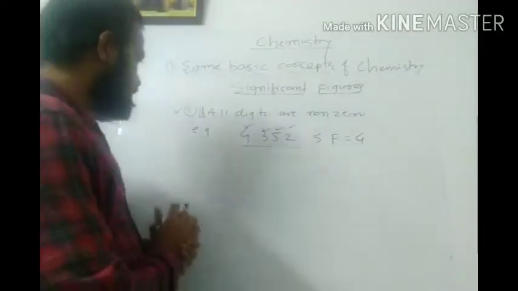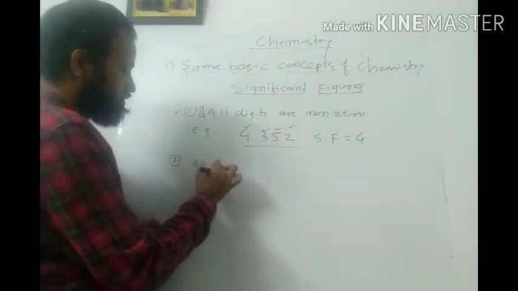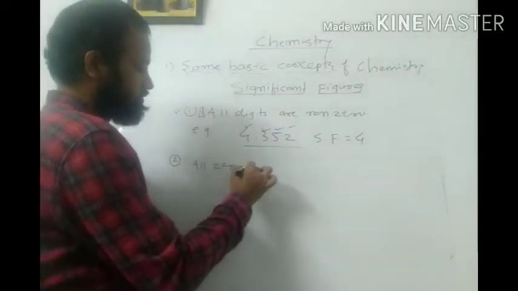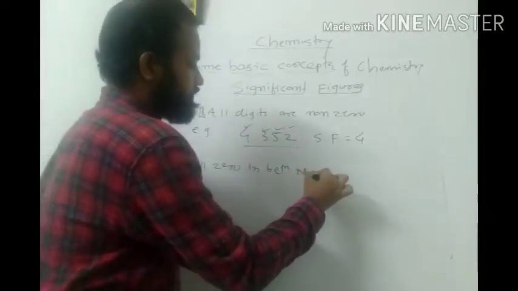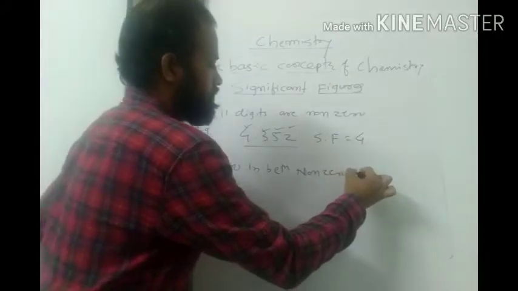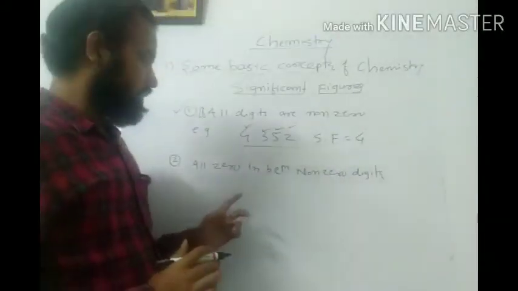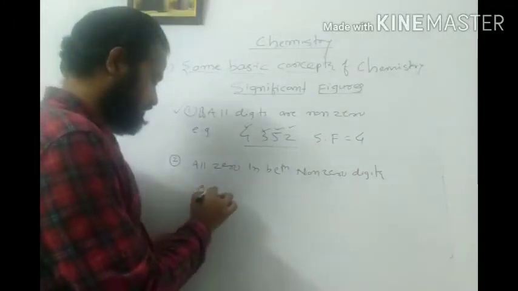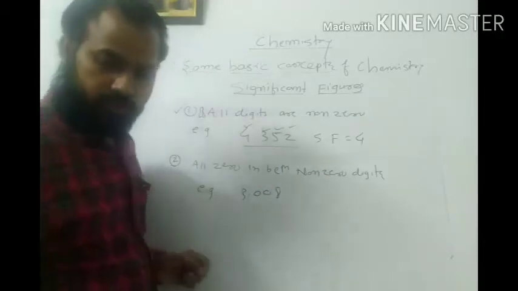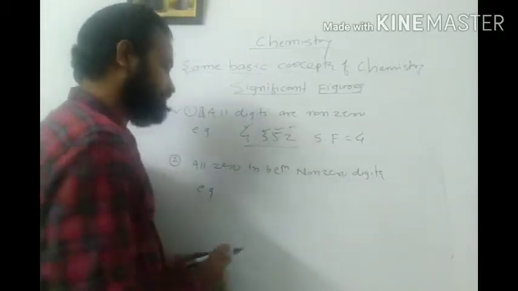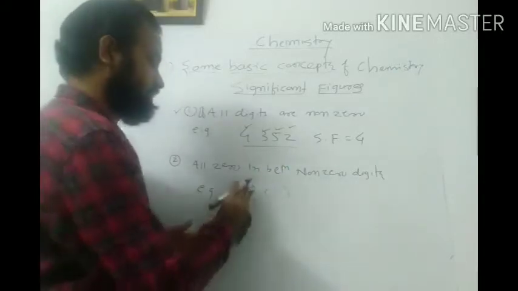Then we will see the second rule. All zeros in between non-zero digits are significant. What does this mean? For example, let us say 3.008.